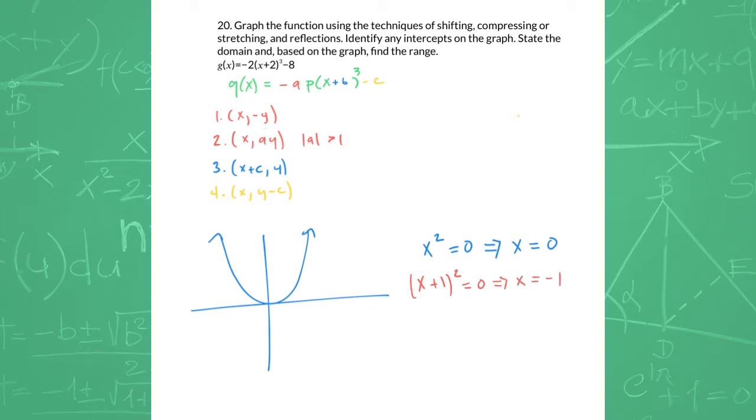So our graph that was once centered at the origin has been shifted to the left and now is centered at negative 1. And that's why we have a horizontal shift to the left when there's a positive number being added to our x values.